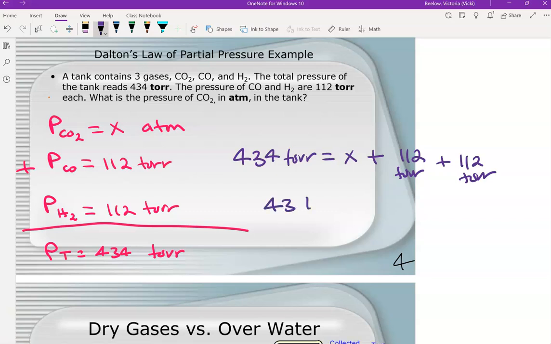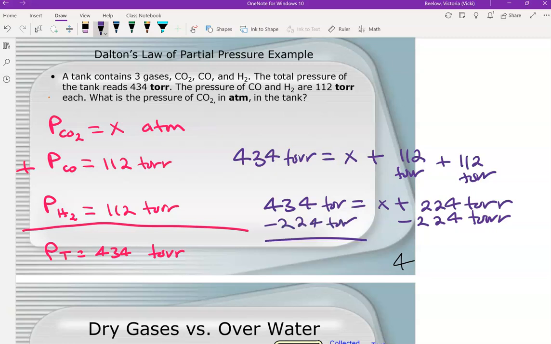So 434 torr equals X plus 224 torr. And if I want to get X by itself, I'm going to subtract the 224 torr from each side, which would be 210 torr is going to be equal to X.